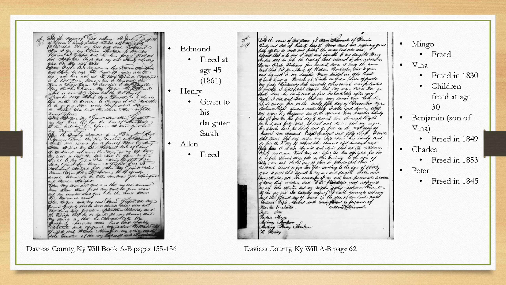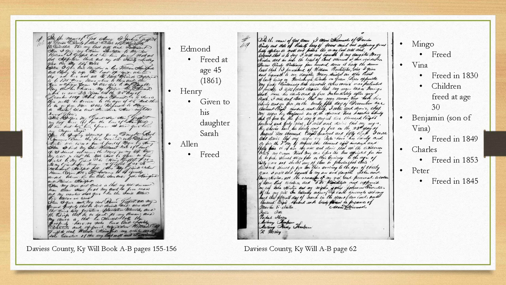He frees Edmund when he reaches the age of 45. He gives actually the date. We think he gives a birth date and states that Edmund at the time of the writing of the will is 23. So that would put Edmund's freedom at about 1861. What happened in 1861? Civil War. Edmund would have been freed anyway, though Joshua didn't know that.